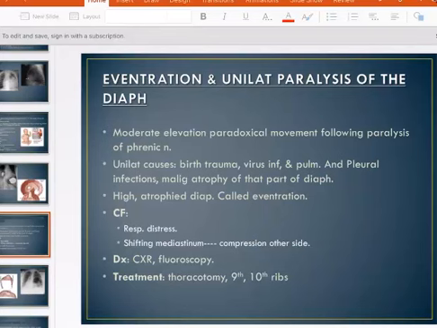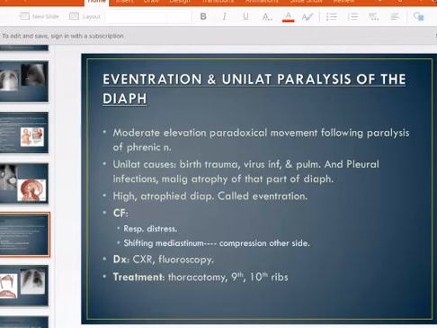The second important thing is what we call eventration, or unilateral paralysis of the diaphragm. This is a moderate elevation of the hemidiaphragm. It leads to paradoxical movement following paralysis of the phrenic nerve.